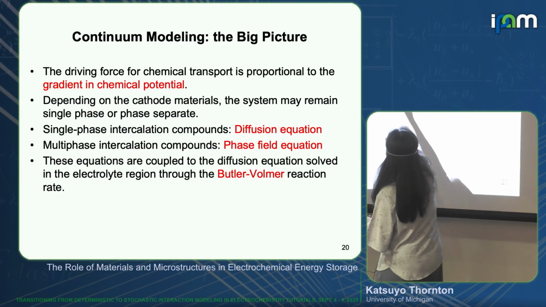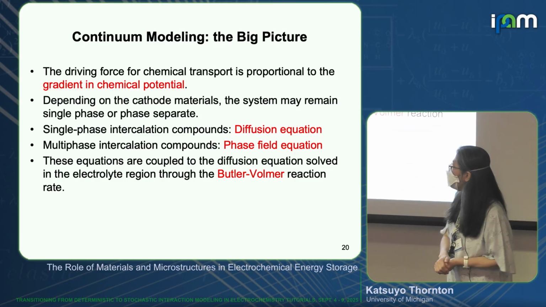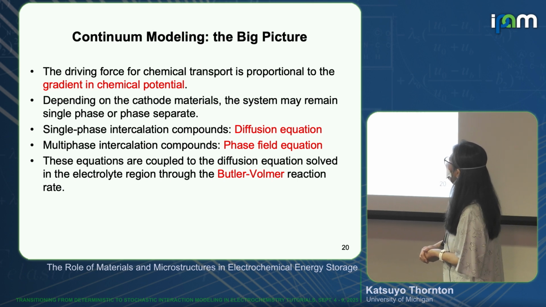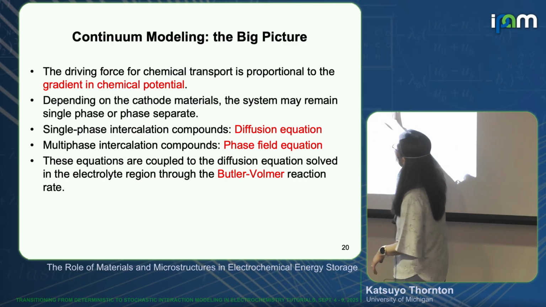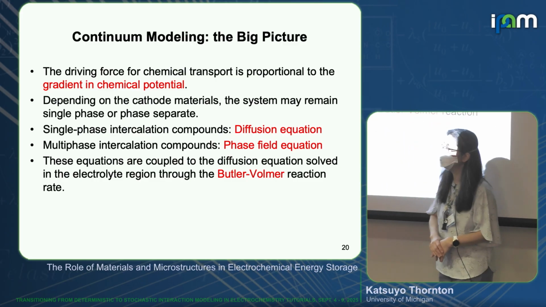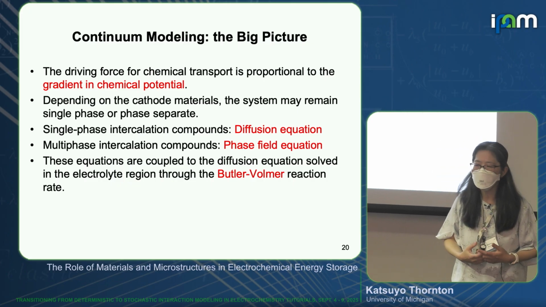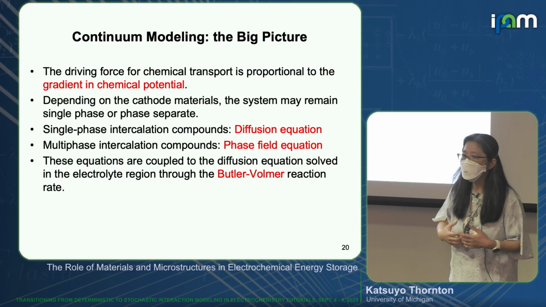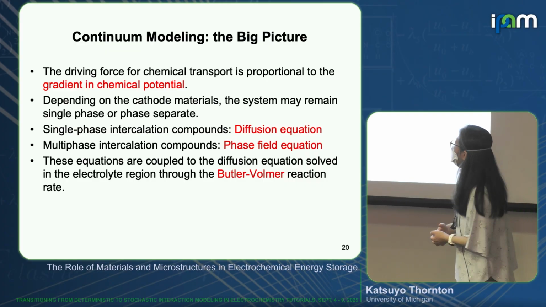If it's single phase, you can just use the diffusion equation to describe how the concentration evolves. If it's multi-phase, then we have to use something called the phase field equation, but it is basically a generalized diffusion equation where the driving force is written in terms of the chemical potential.